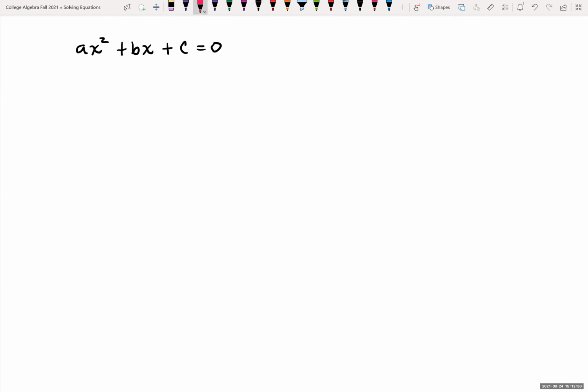So we're deriving the quadratic formula by completing the square.